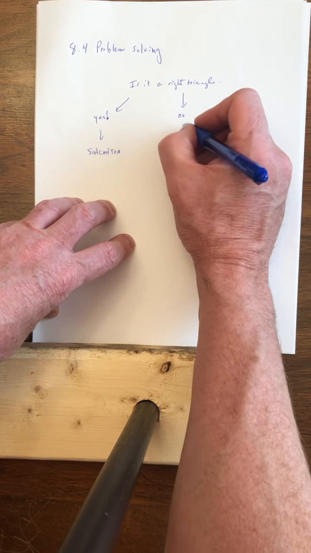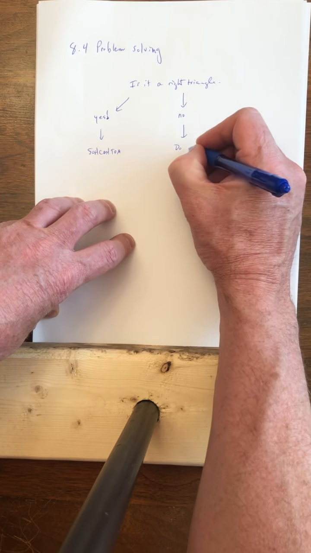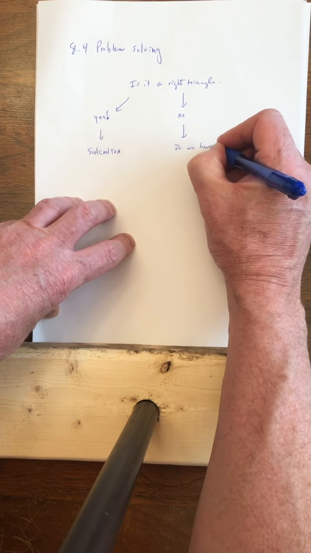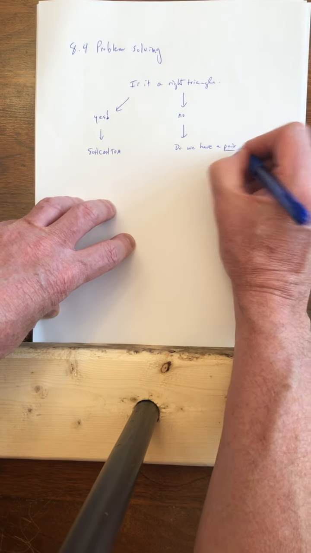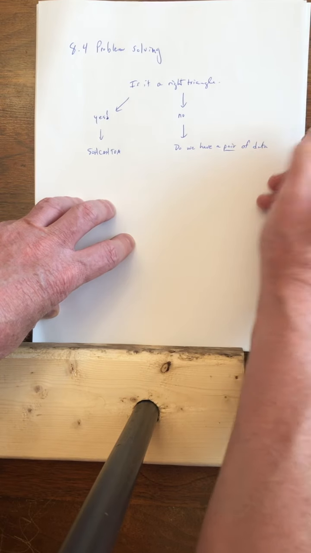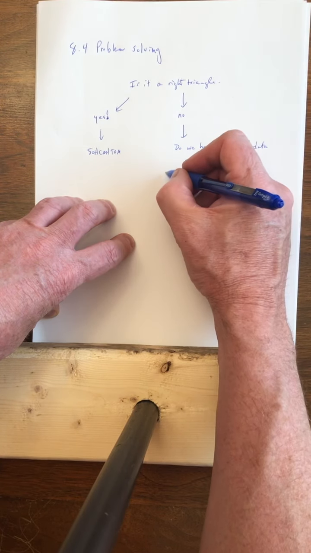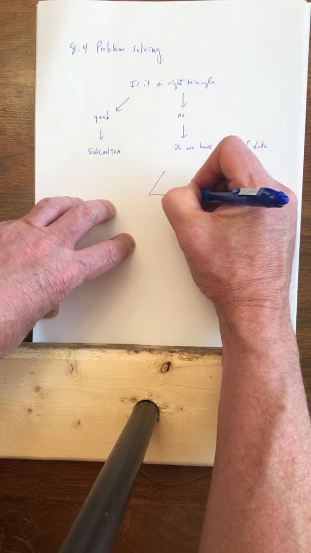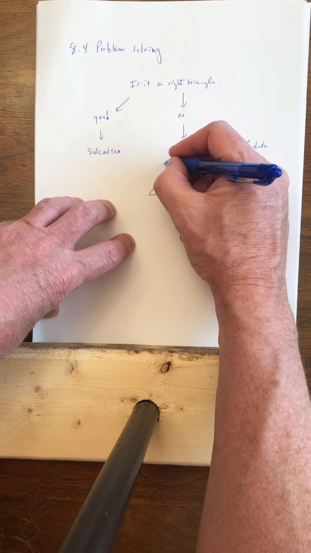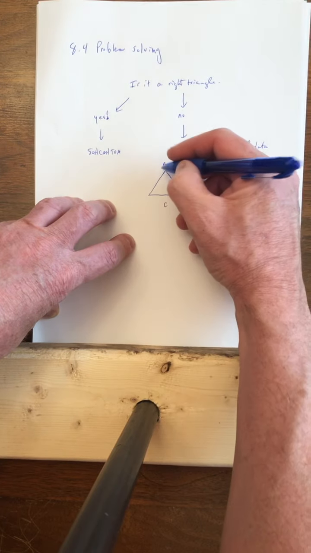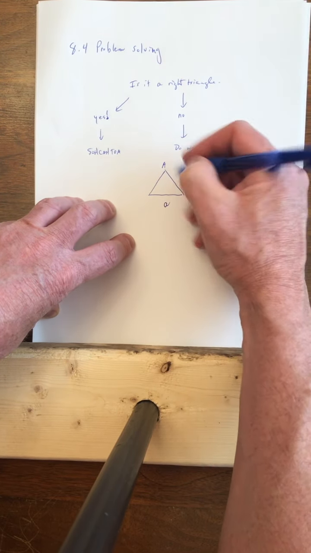So, do we have a pair of data or info? And what I mean by that is, do we have a pair here?